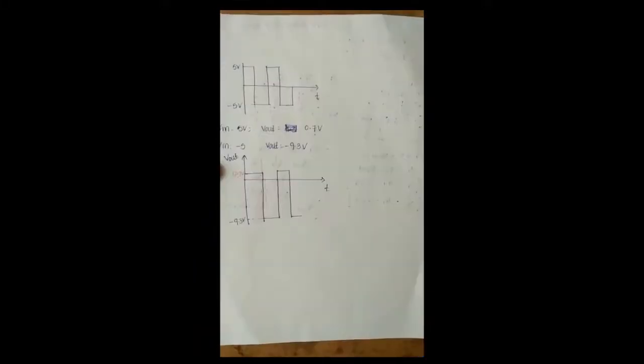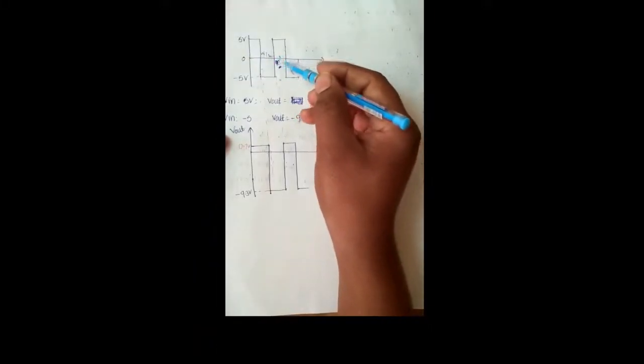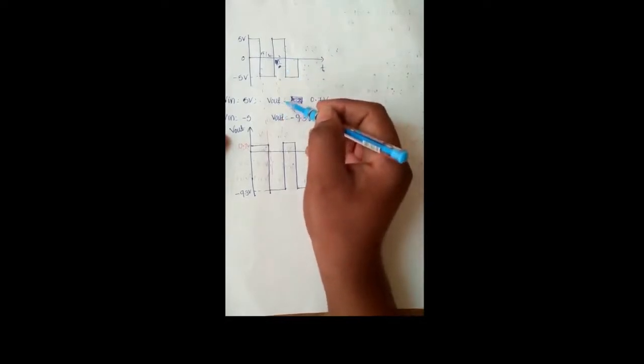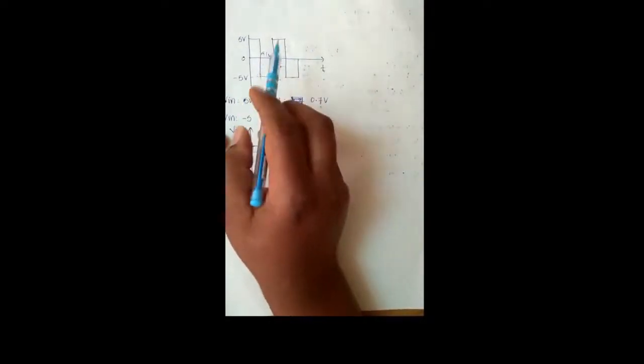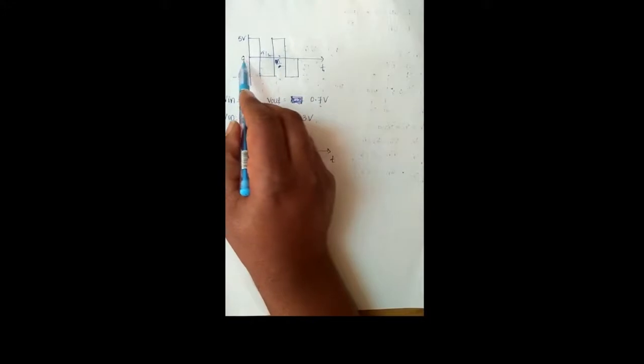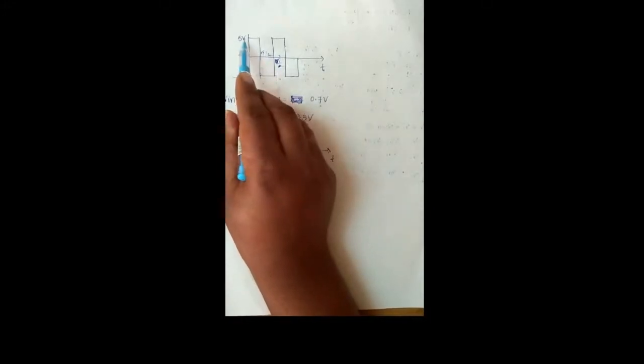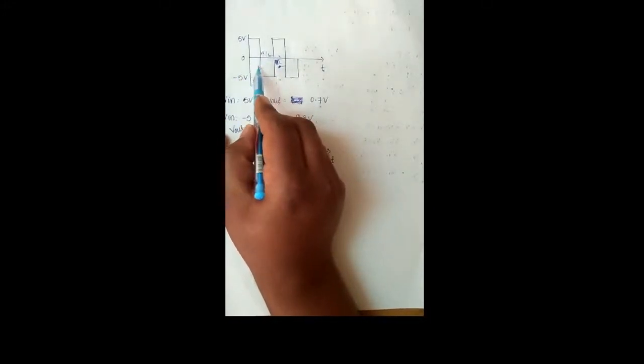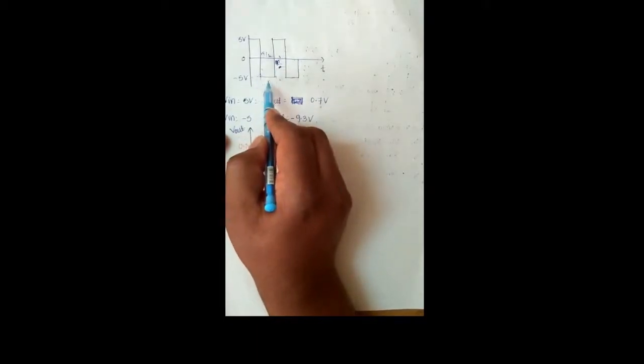These are the input and output waveforms of the negative clamper circuit. Observing the input signal, during 0 to T by 2 seconds it has 5 volts, and during T by 2 to T seconds it has minus 5 volts.